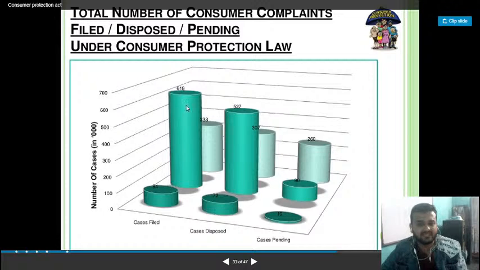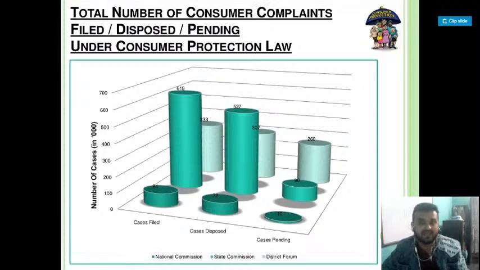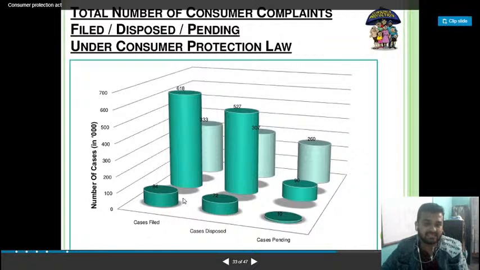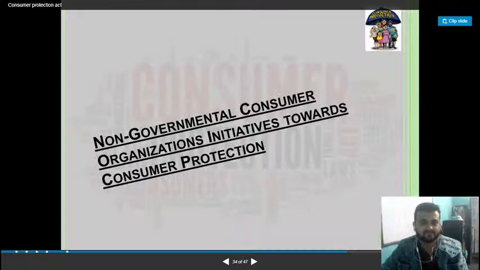So this is the situation in India. Many cases happen on a daily basis, but nowadays it's being stopped. Why? Because there are different forums and redressal centers set up in the district forum, state forum and national forum. So this is the national, state and district. Okay. So this is the main scenario of India.